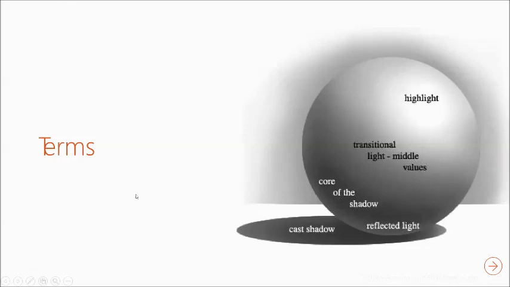The reflected light will be at the bottom, which casts a shadow on the right side. Right side or left side depends upon your angle of light. So I repeat, these are the terms: highlight, transitional light middle values, core of the shadow, reflected light, and cast shadow.